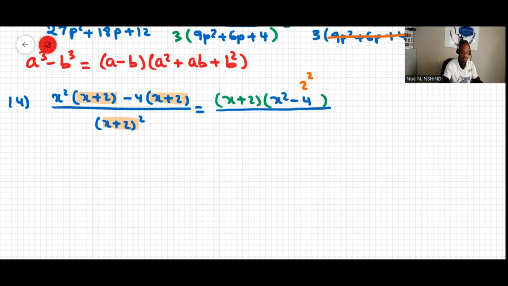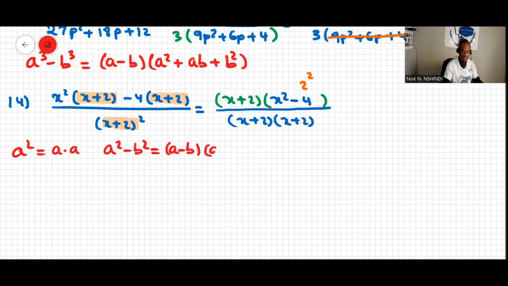The denominator, x plus 2 raised to the power of 2, is x plus 2 times x plus 2, because a squared is the same as a times a, and a squared minus b squared is a minus b times a plus b, the difference of 2 squares.